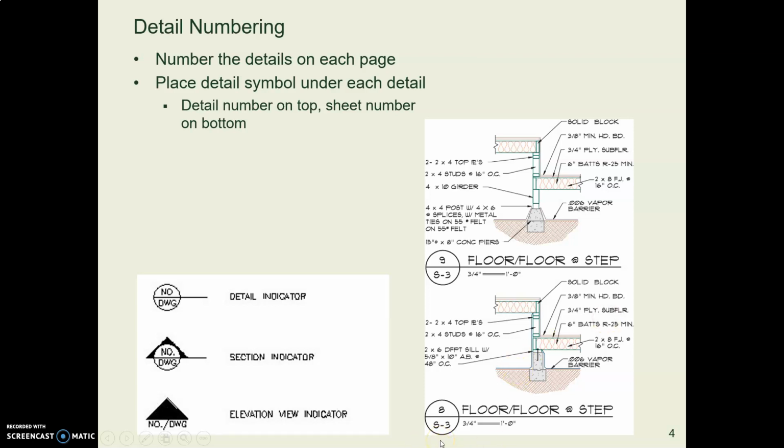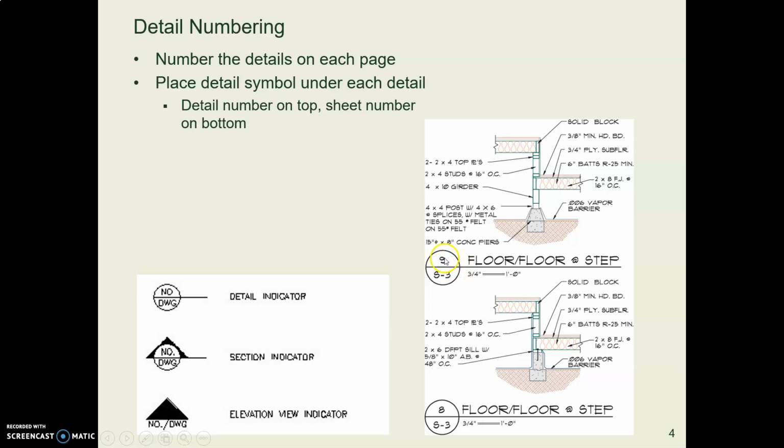If you want to show a direction arrow showing that a section was cut and you want to show which way you're looking, you would add an arrow. Sometimes you just want to show this is a typical detail and you just draw a circle with no arrow over it.